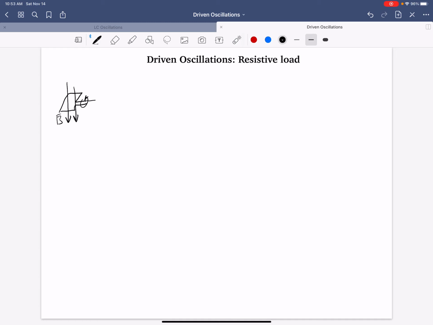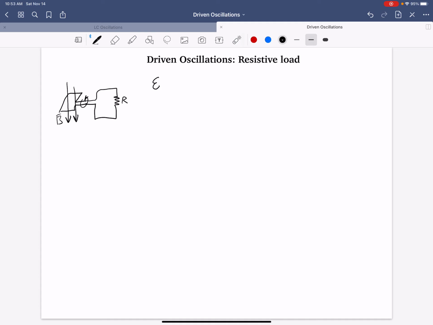And so these leads are somehow connected to, in this case, we'll start out with just a resistor, right? And so that's why this is known as a resistive load, okay? So these oscillations and the current are being driven around the circuit and thus across that resistor. So there's only two circuit elements, okay?